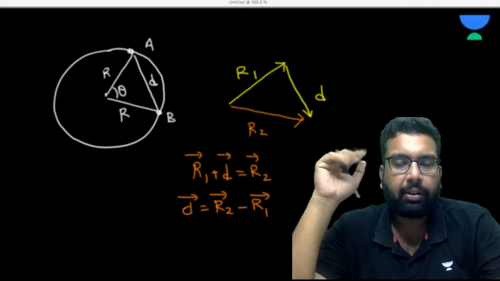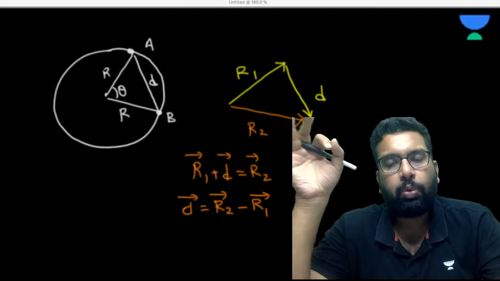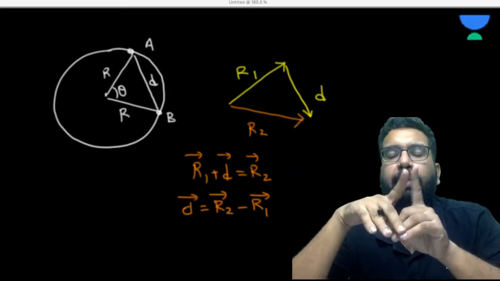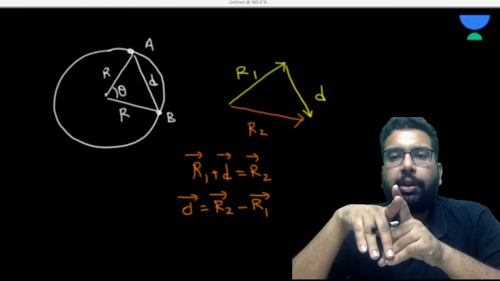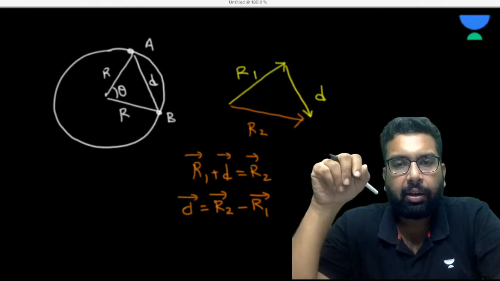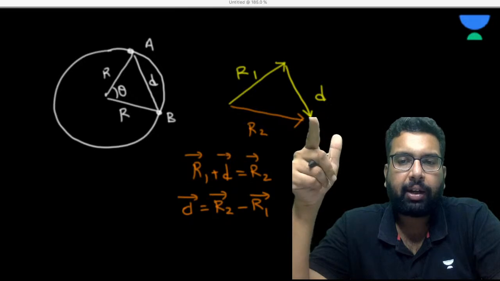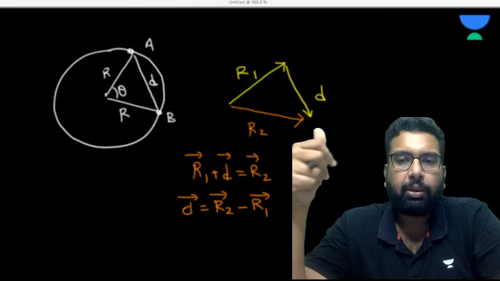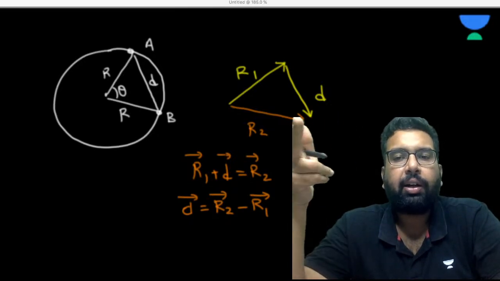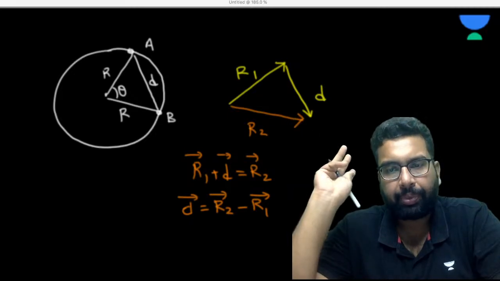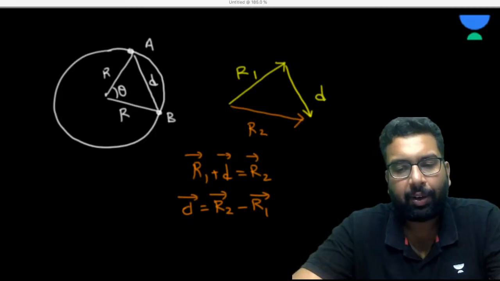There is nothing like subtraction. So when two vectors are added and the angle between them is theta, the resultant is given by under root first vector square plus second vector square plus 2 times first vector, second vector into cos of the angle between them. Right? This is what we are going to do.